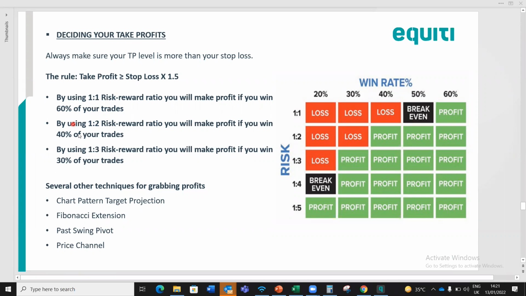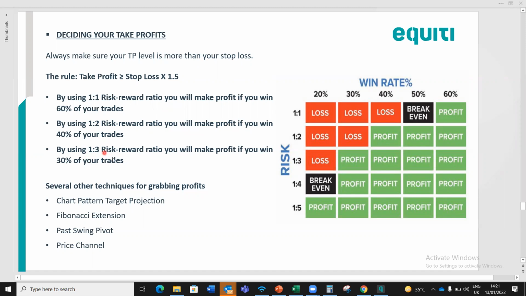Now, if you use a 1:2 risk reward ratio, that is, you're risking one to get two. All right. I just explained that here. It simply means if you're risking 20 pips, you're looking at getting 40 pips. If you use a 1:2 risk reward ratio, you will make profit if you have 40% of your trades won. Okay.